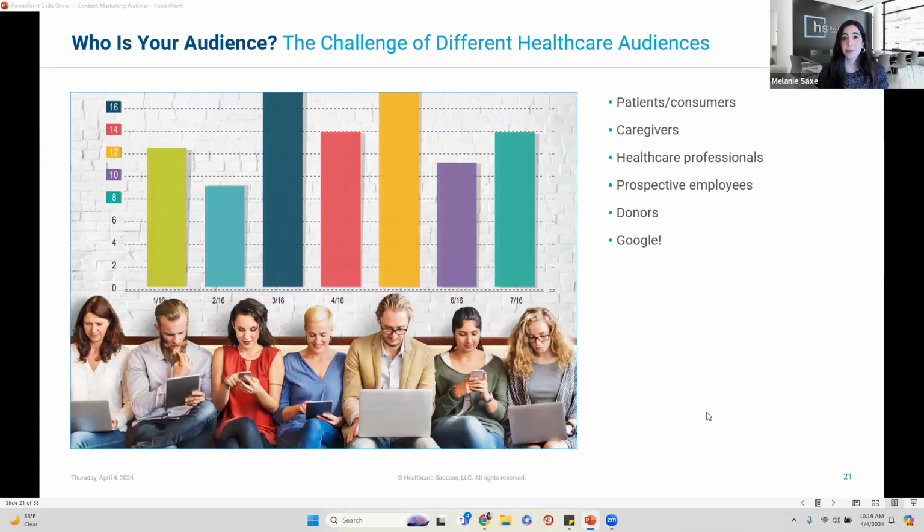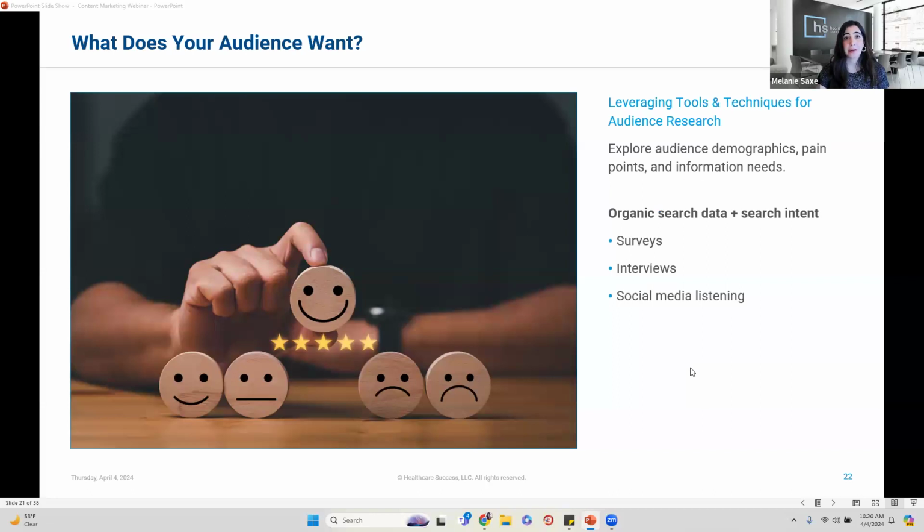You've got your healthcare professionals, that spans a lot of people there, a lot of different people, different stages. There's the prospective employees, so recruitment, those people. You've got your donors, and you also have Google. As you know, if you have a website, you are considering Google every day. So that is our challenge. You know this, we know this. It does make healthcare very challenging.